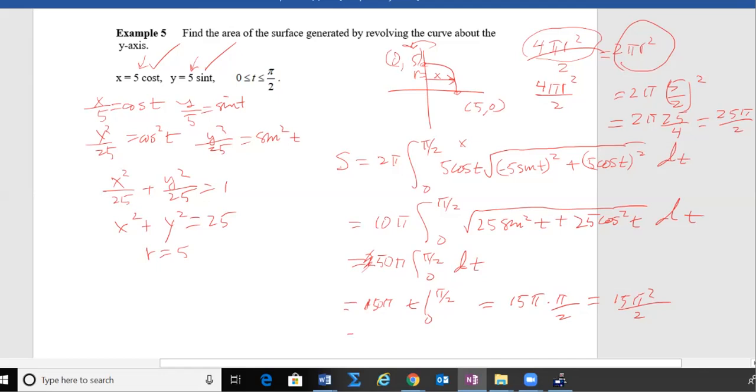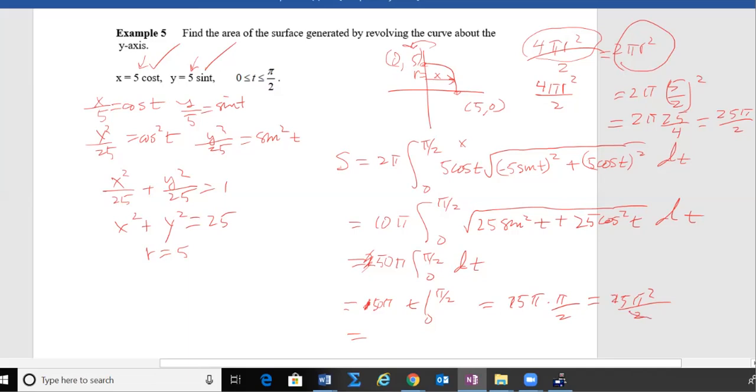That's a power 2. Okay, so I can see where that's coming from, why that's a 25 now, after that 2 is gone.